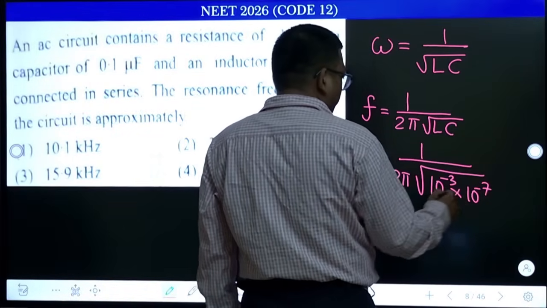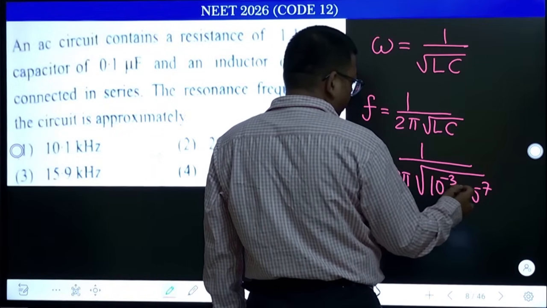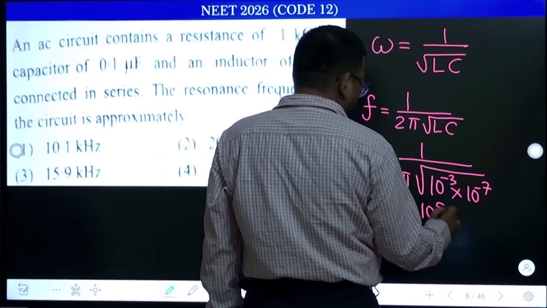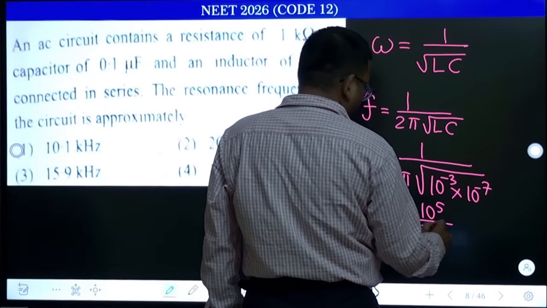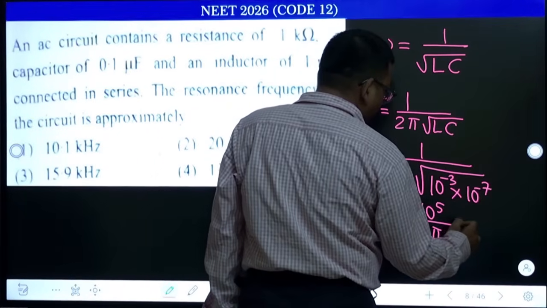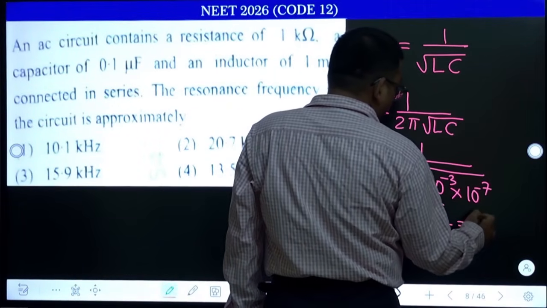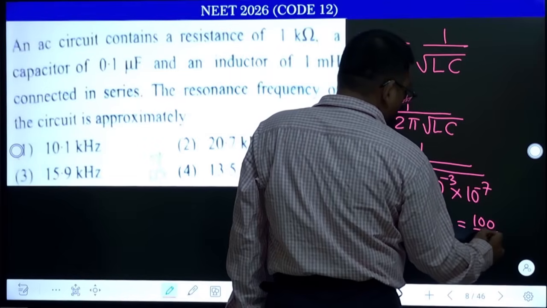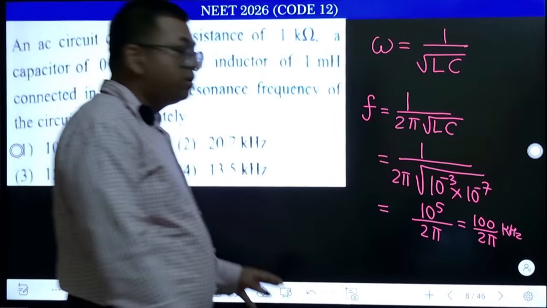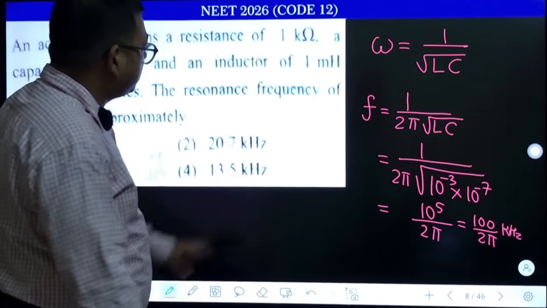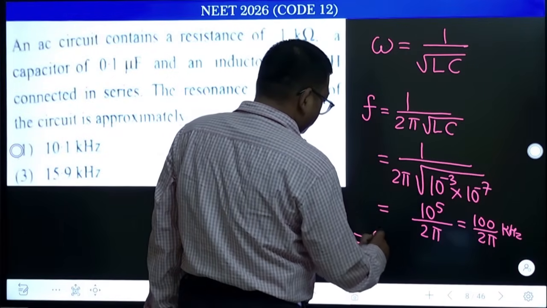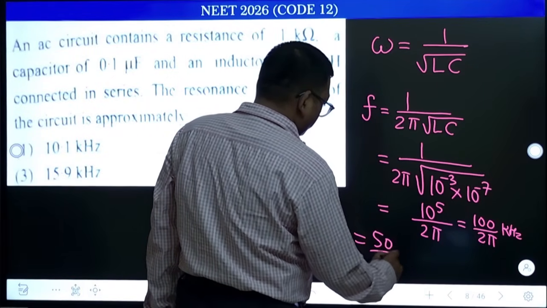So from here it will become 10 to the power 5 by 2 pi. Now let us divide by 1000. So it becomes 100 by 2 pi, and that means it is in kilohertz. 100 by 2 pi means 50 by pi kilohertz.